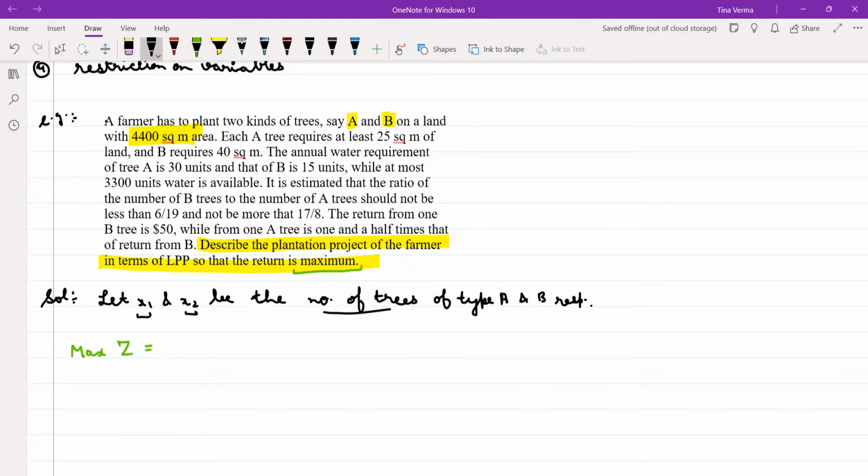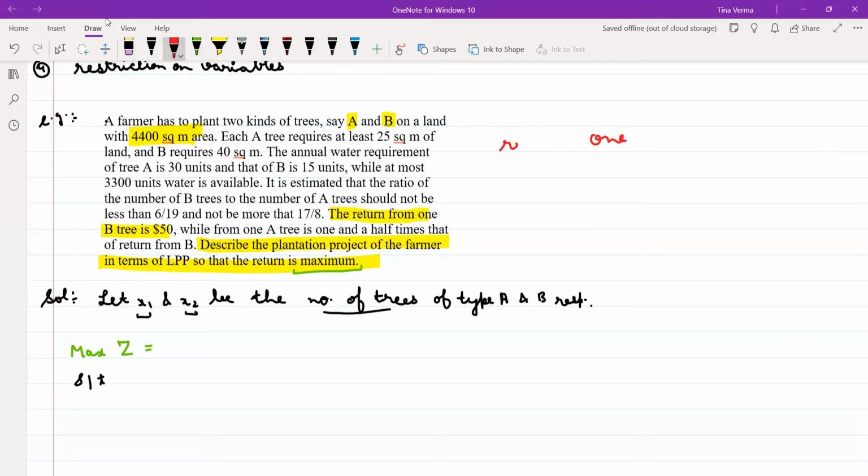Now we have to check what is given, where the return is. From here, you can notice the return from one B tree is $50.